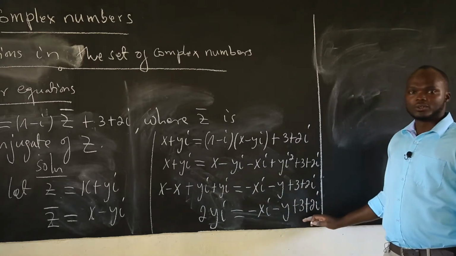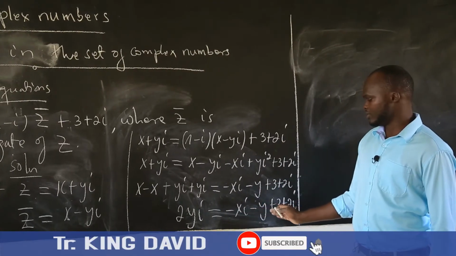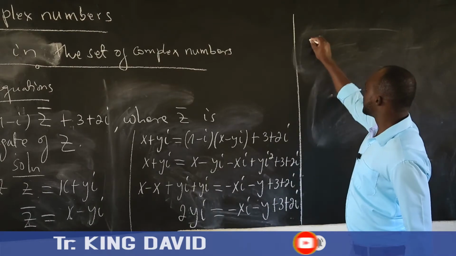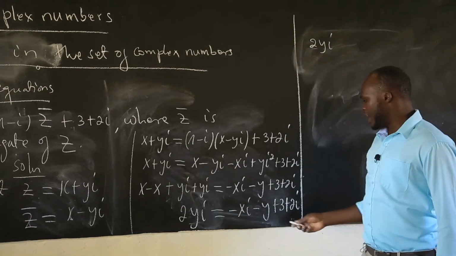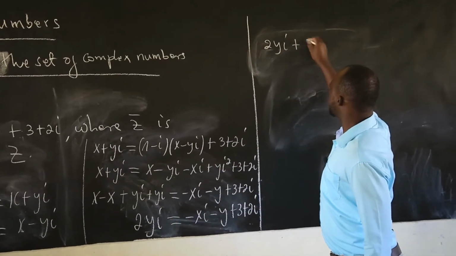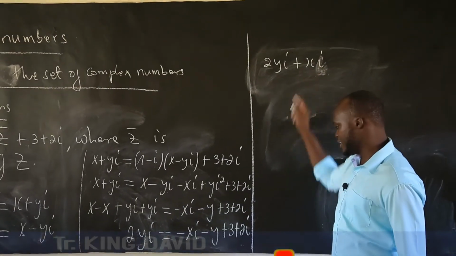So we're going to collect like terms together, the imaginary part on each side and the real part on each side. So we have 2yi. Another imaginary part is this, plus xi.